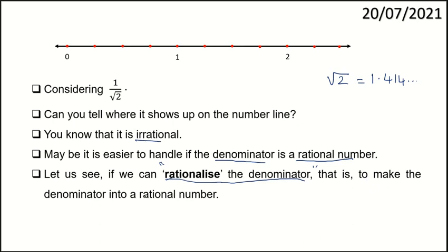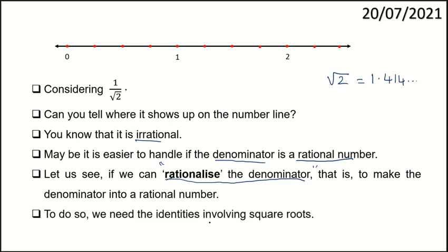To make the denominator into a rational number, I may use identities involving square roots. How do we do this? This we will learn after learning identities related to square roots.